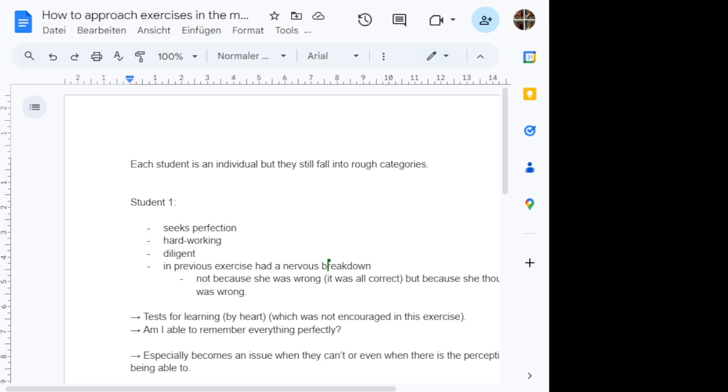I went through the basics again. Like we don't care about mistakes. Anyways, in this exercise, everything was correct. She only thought that it was not correct and she had a breakdown.